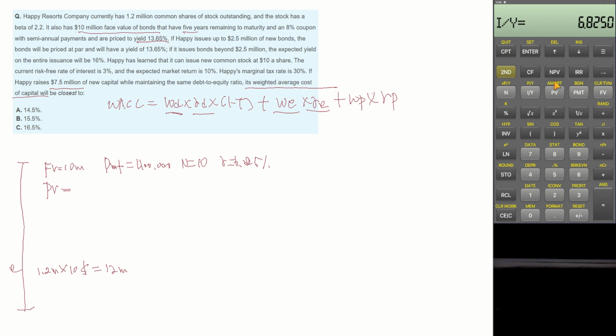Then compute present value, and the present value becomes $8 million.